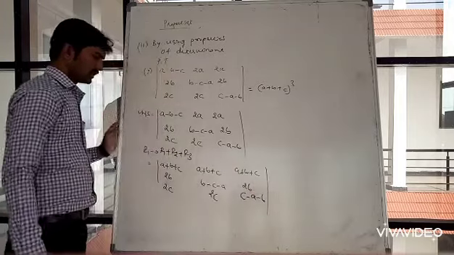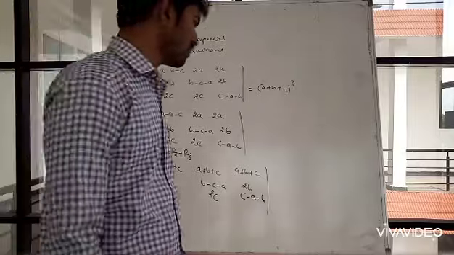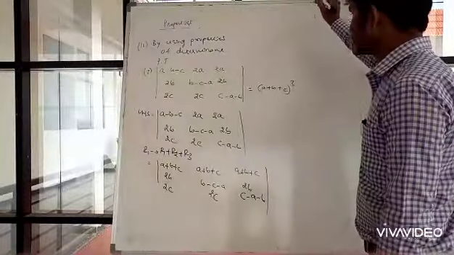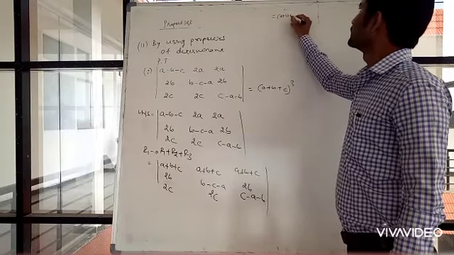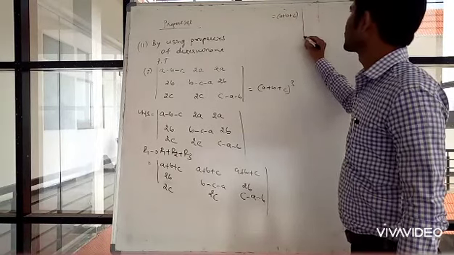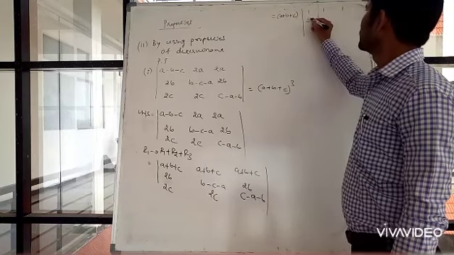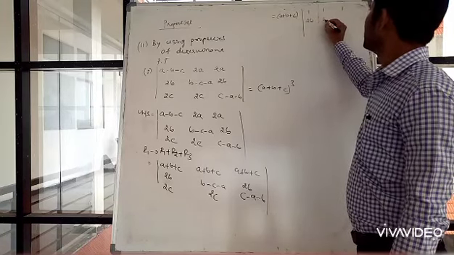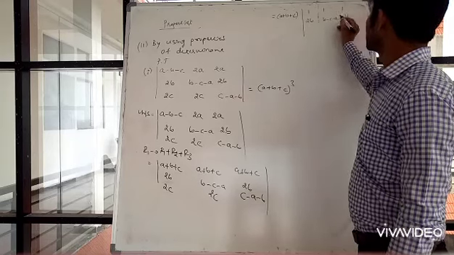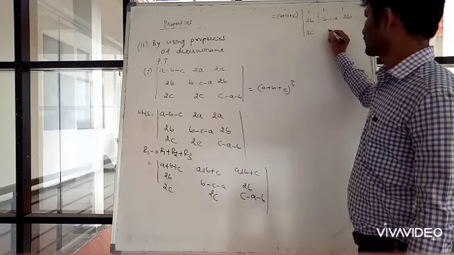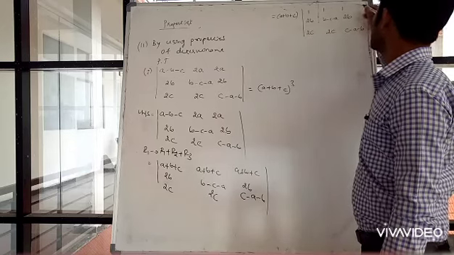Okay. Next, in the first row, a plus b plus c is common. Take it outside. A plus b plus c is common in the first row. 1, then 2b, b minus c minus a, 2b, 2c, these also 2c, c minus a minus b.